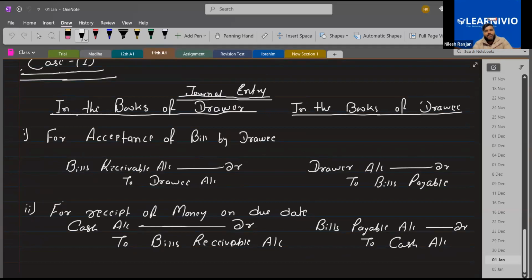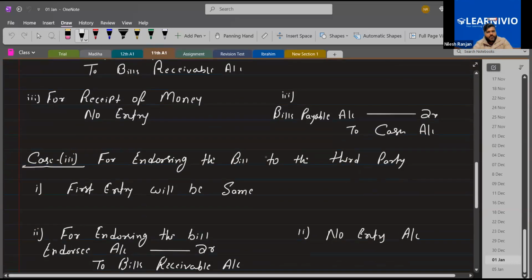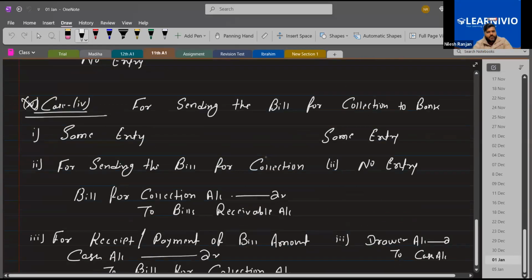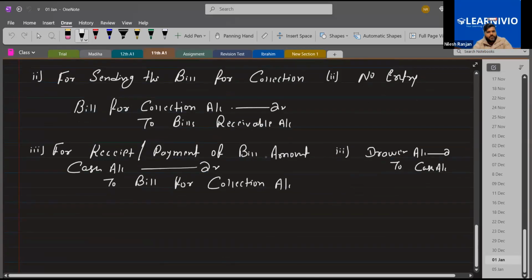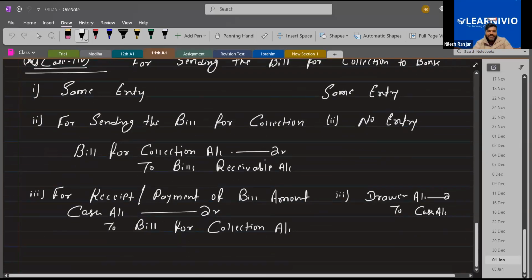Case 4, scroll down. All cases in the books of drawer have the same entries. No, sir. For case 1, it's bills payable account debit to cash. This one is okay. Case 2, see, sir, drawer account debit to cash account. I told you. Okay, so this is a mistake.